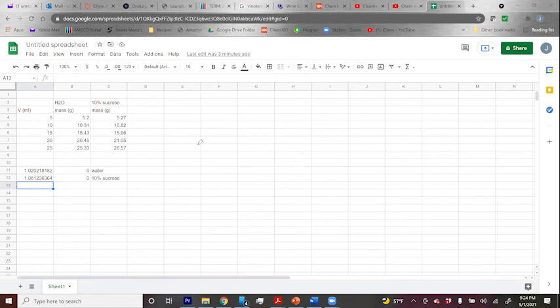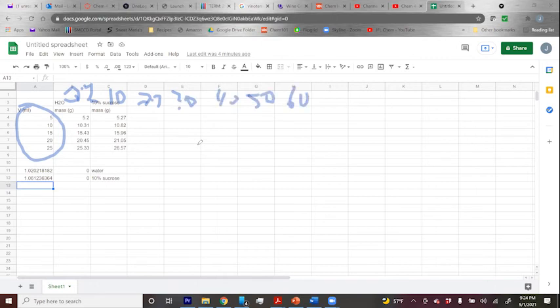All right, so here are my volumes that I measured. For each solution, you're going to measure these same five volumes: 5, 10, 15, 20, and 25 mils. Then I'm going to have 0% sucrose, 10, 20, 30, 40, 50, 60.